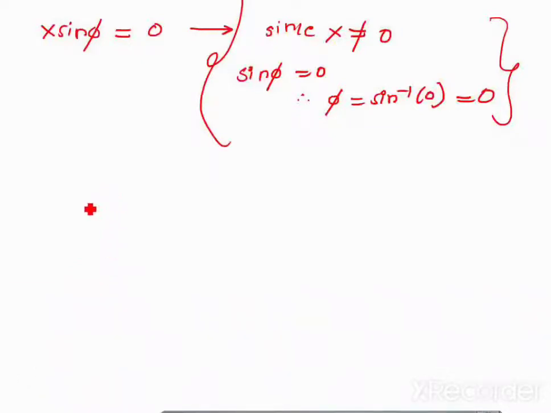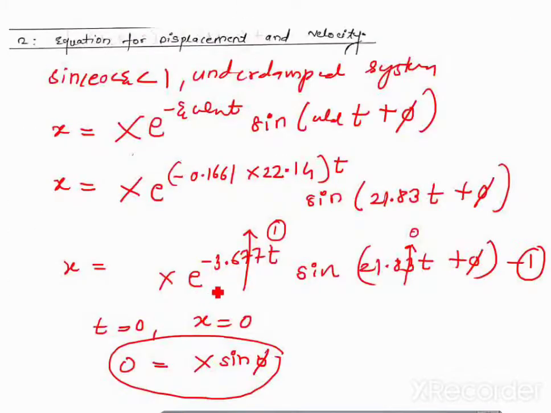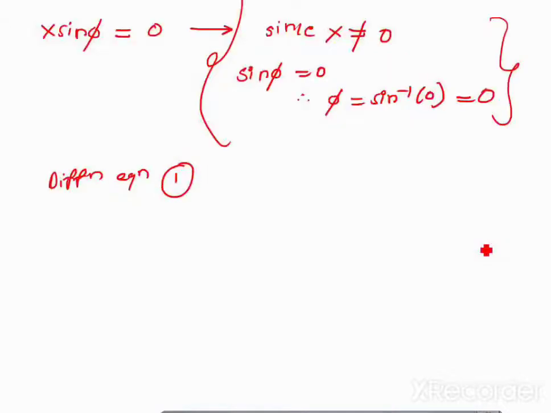So now let's differentiate equation 1. What is equation 1? This is equation number 1: x into e raised to minus 3.677t sine 21.835. Let me write this equation. x is equal to X into e raised to minus 3.677t, sine of omega d t, that is 21.83t plus phi.